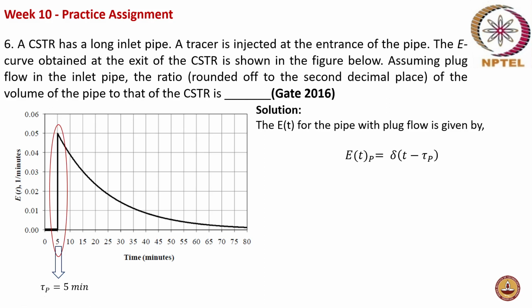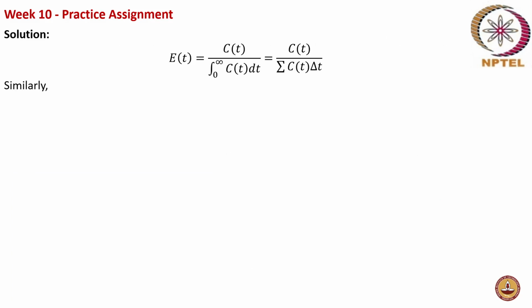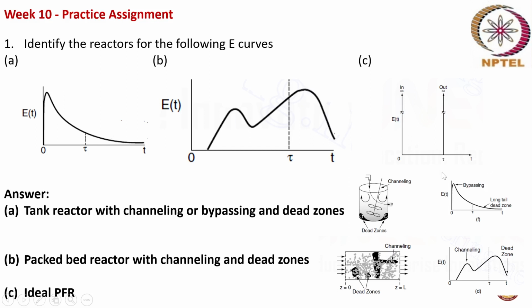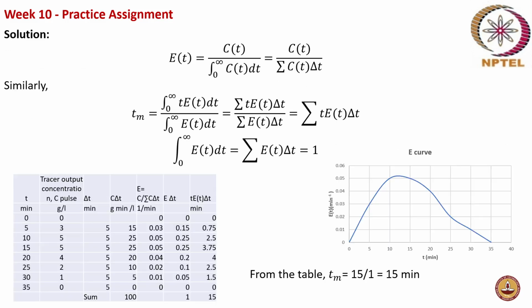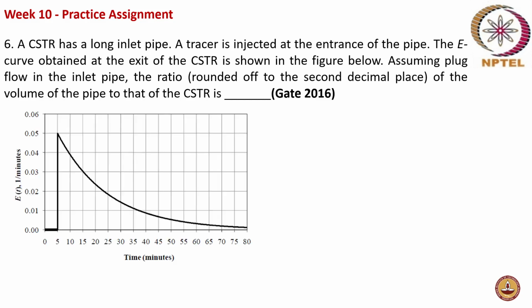And it is a Dirac delta function, because for an ideal PFR we have seen that the E of t curve is a Dirac delta function, right? We have seen in question number 1 that it is a Dirac delta function with a spike at time equal to tau. So in this case, what do we observe? We observe a spike at time equal to 5 minutes.